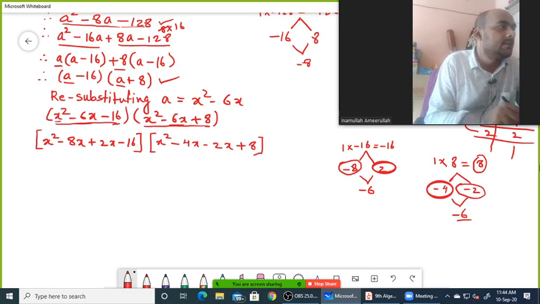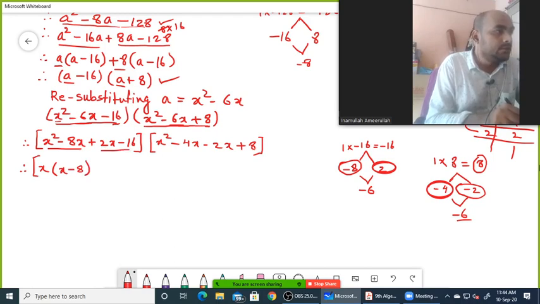Like this. In the first bracket, in the first two terms, x is common, so x can be taken out as a common factor. So here we will have x minus 8.